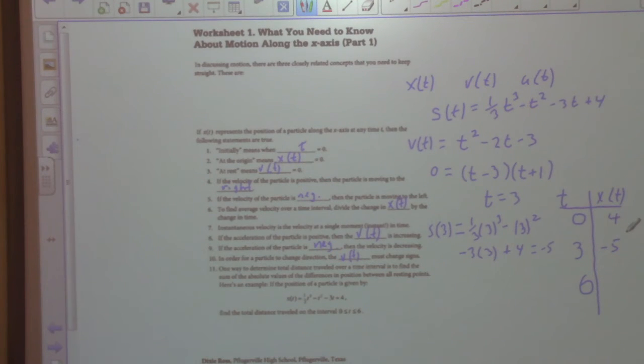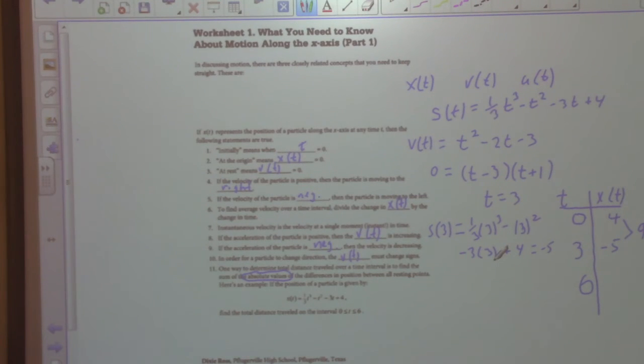And so how much distance was covered between t equals 0 and t equals 3? It's going to be 9 units, not -9. Oh, just distance. Yeah, because you're looking at absolute values of distance. So we know we covered 9. Yes, the particle went to the left, but covered a total of 9 units.